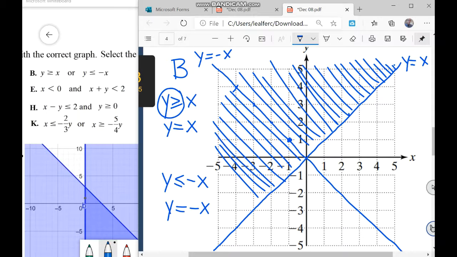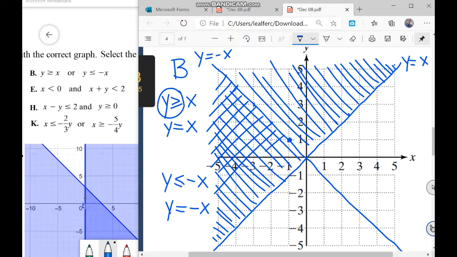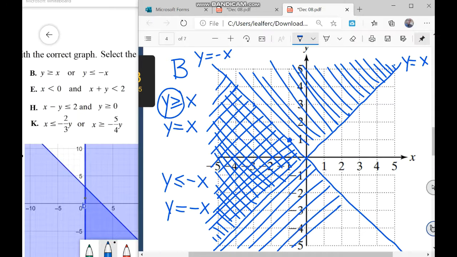Because y is greater than, if you check the procedure, you're going to remember that when y is greater than something, you shade the area above the line. The next one, y is less than negative x. That means you're going to shade below the line. So shade below the line.